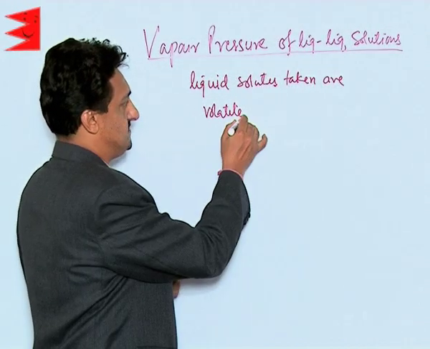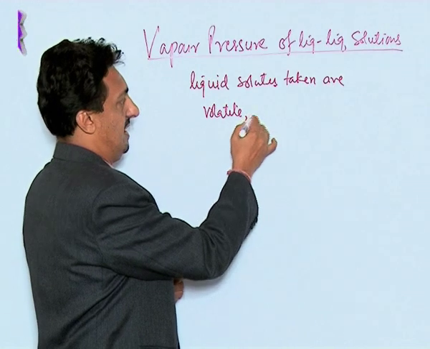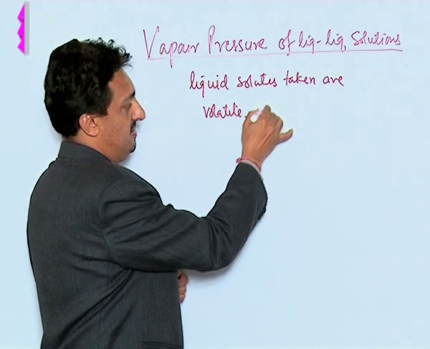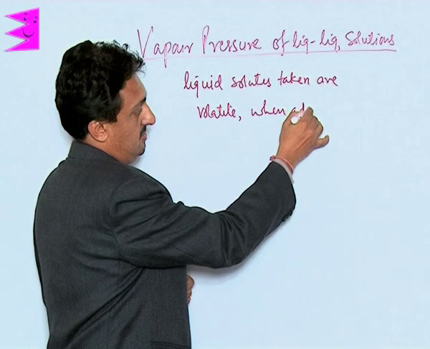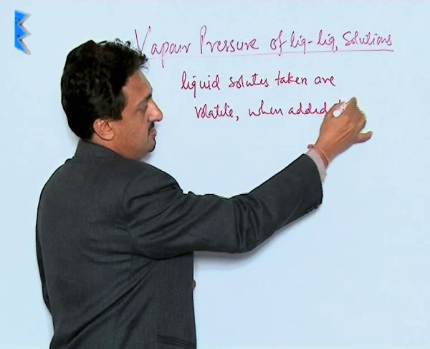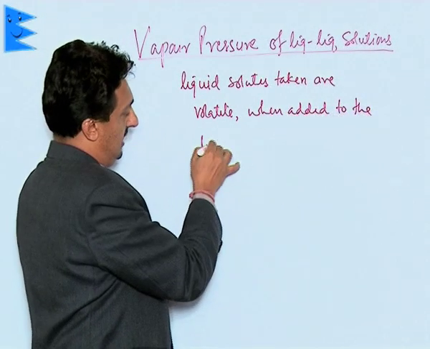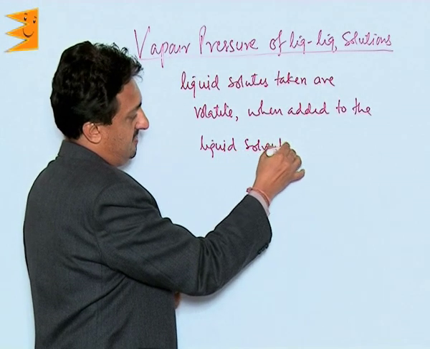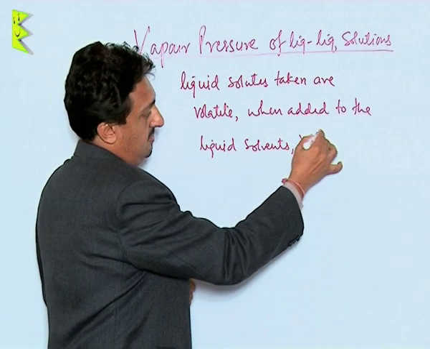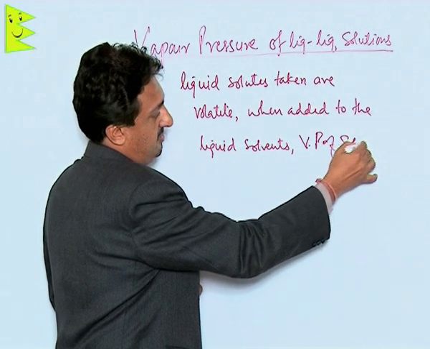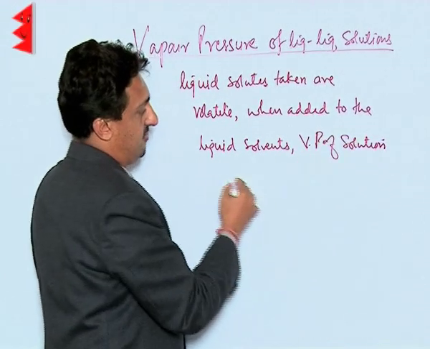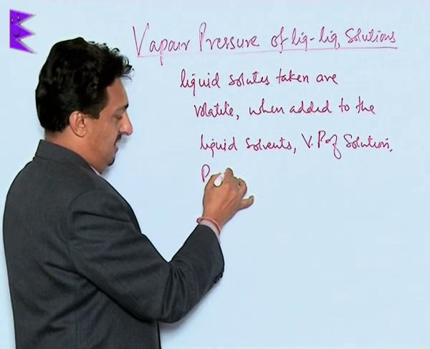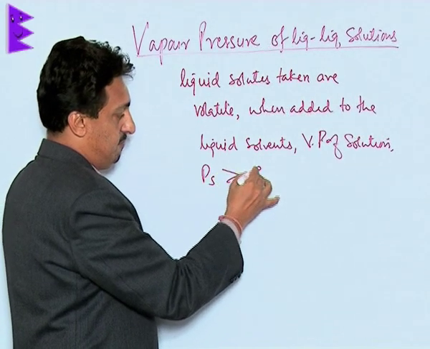When the liquid solutes taken are volatile and added to the liquid solvents, the vapor pressure of the solution, which we call PS, is found to be more than the P naught A.